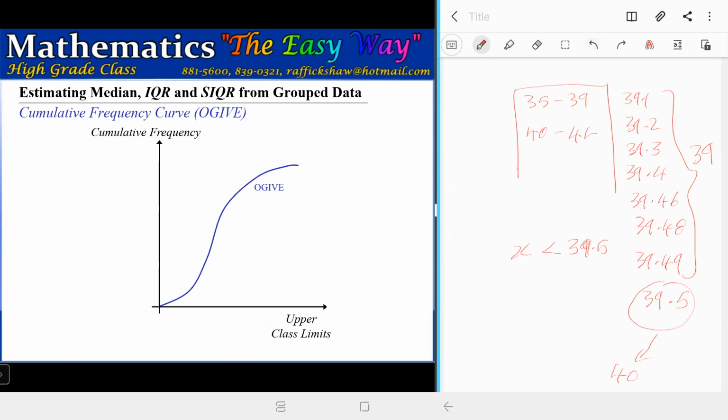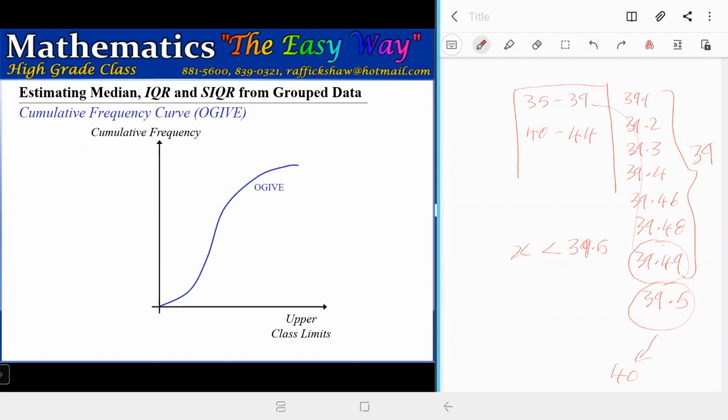Again, that's why values coming into this group have to be less than 39.5. Once it reaches 39.5, it's gone. Look here now. 39.49 is less than 39.5, you know, just less. But it fits in the first group there, because it's approximately equal to 39 still, going to the nearest whole number.